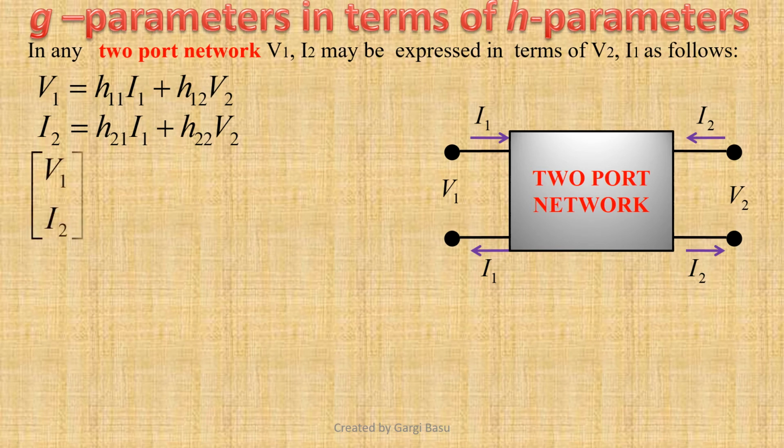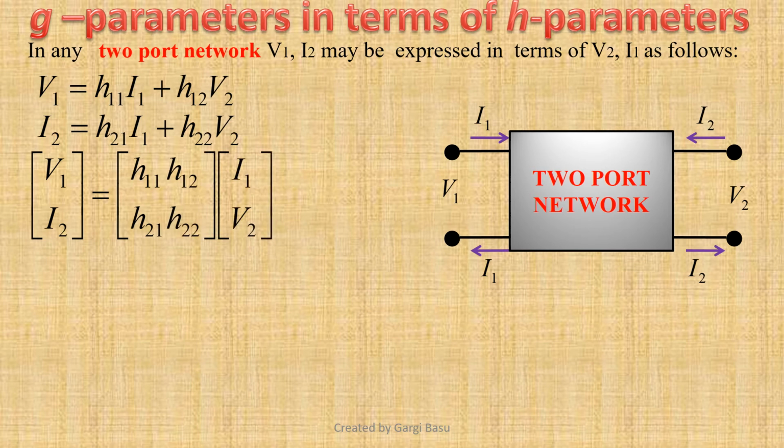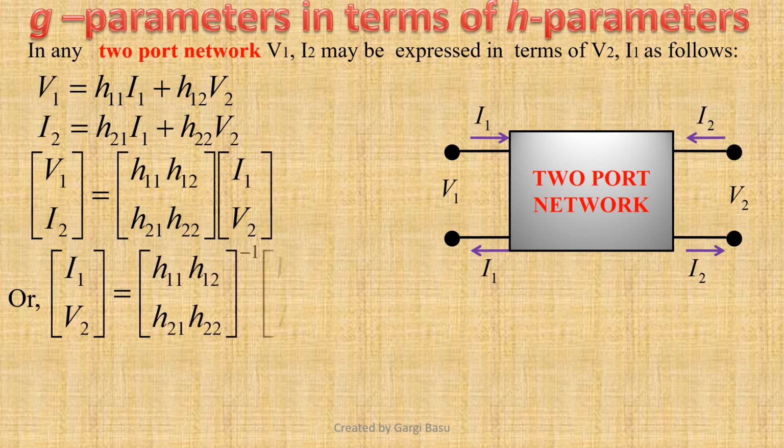Matrix of V1 I2 equals matrix of H11 H12 H21 H22 into matrix of I1 V2, or matrix of I1 V2 equals inverse matrix of H11 H12 H21 H22 into matrix of V1 I2.